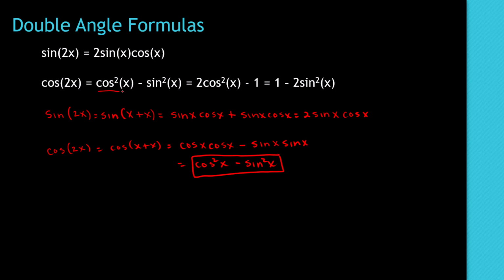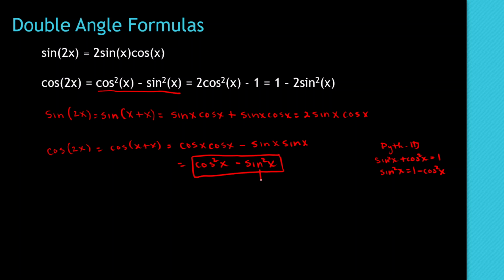Now using our Pythagorean identity, the Pythagorean identity says that sine squared plus cosine squared is always equal to 1. So this means that sine squared would equal 1 minus cosine squared.